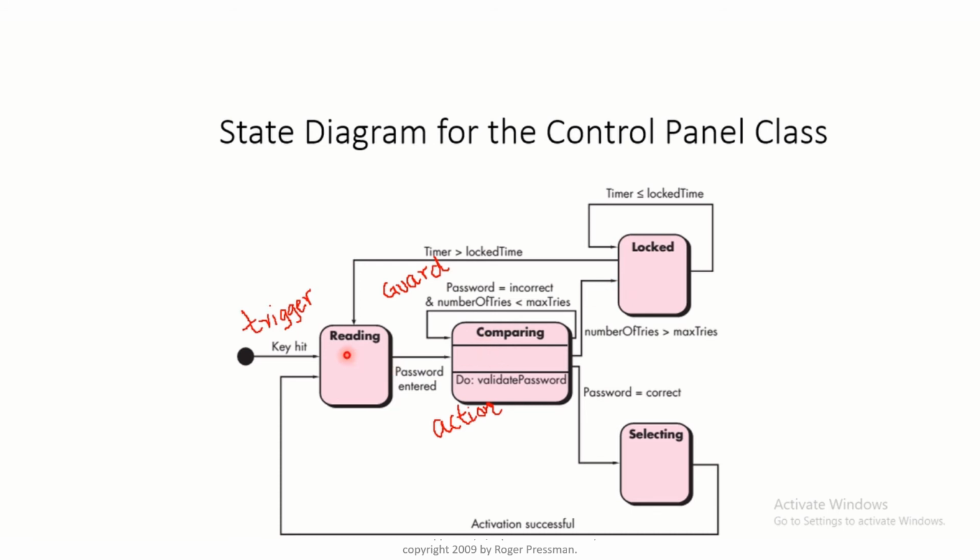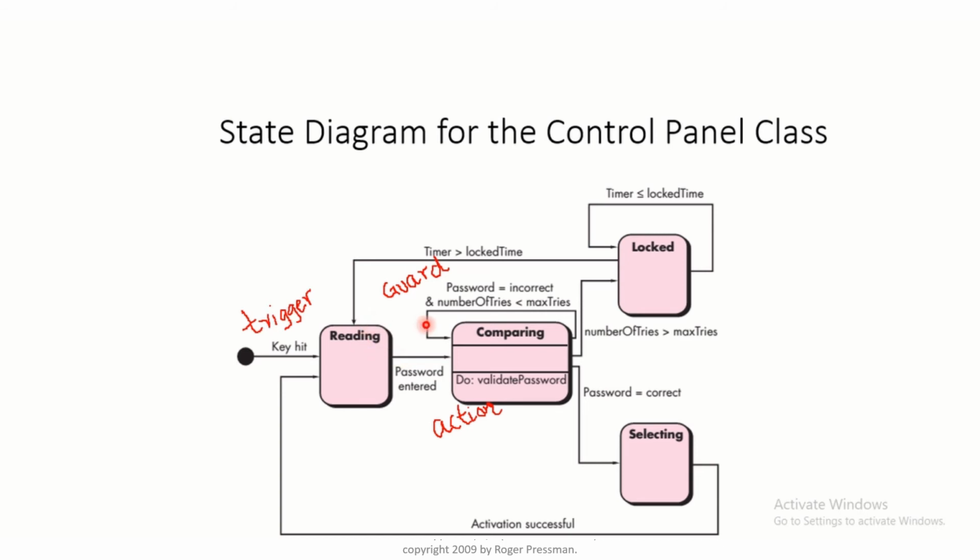It starts in the reading state, then the comparing state, then we have the locked state or the selecting state. The other thing of importance is that these labeled lines are telling you about the trigger values, which are responsible for initiating the interaction, or for starting the state change.